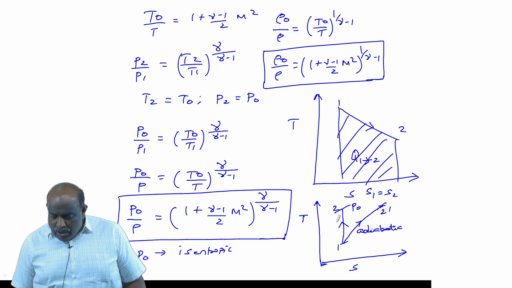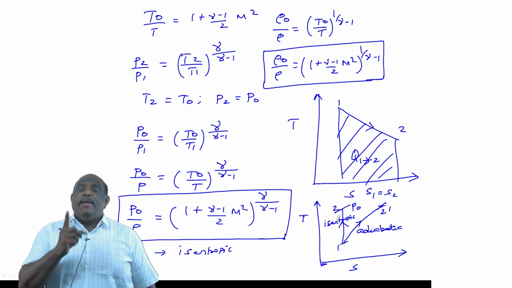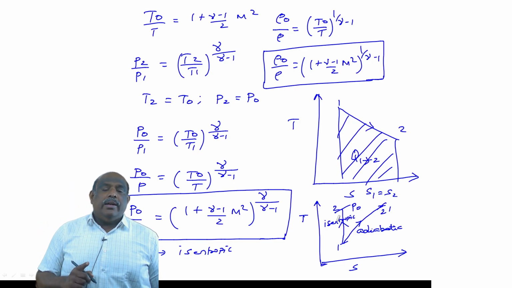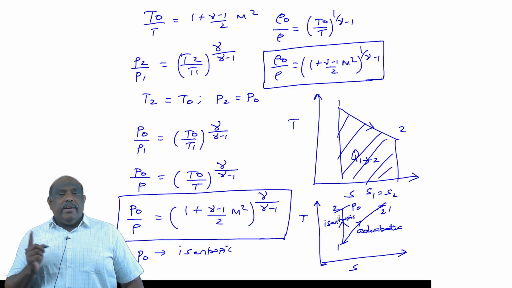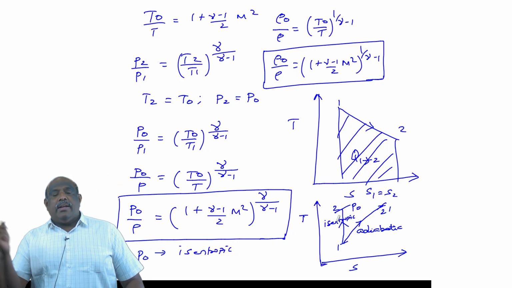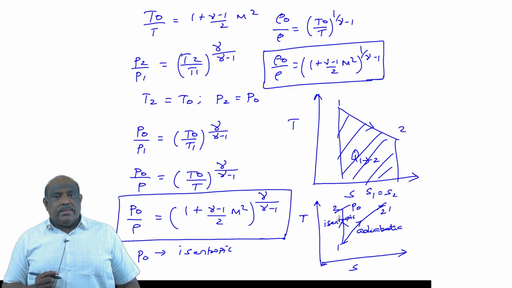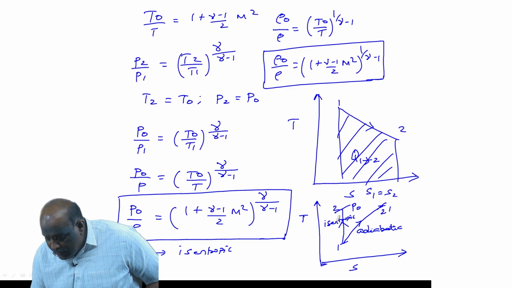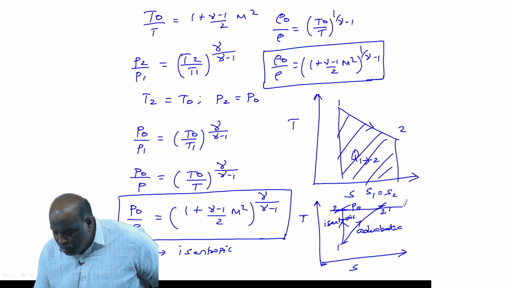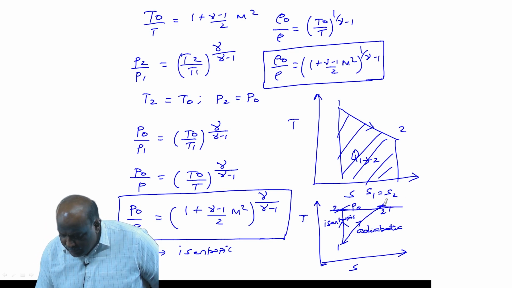This process 1 to 2 is called as what? Isentropic. I can get P naught only when I move from 1 to 2 isentropically. And I can't get a P naught if I am going to travel adiabatically along the path 1 to 2 dash. Whereas I can get T naught because T2 will be equal to T2 dash, which will be equal to T naught. This line is horizontal line.